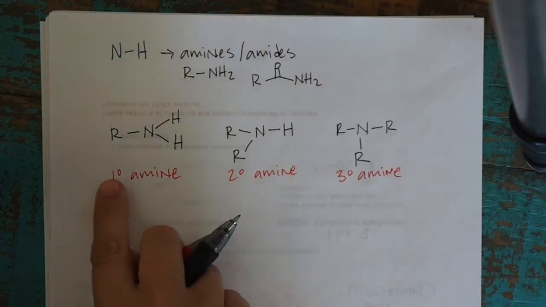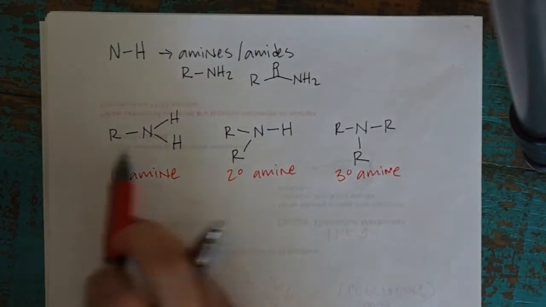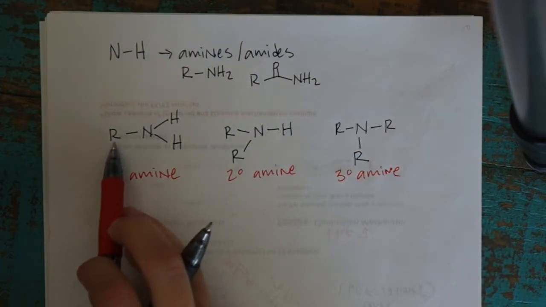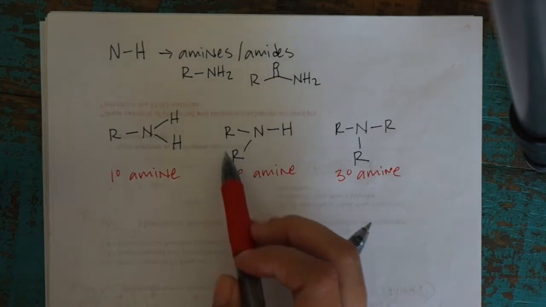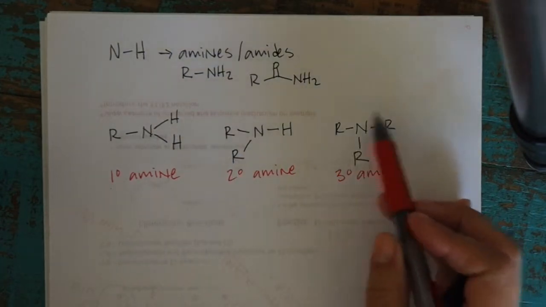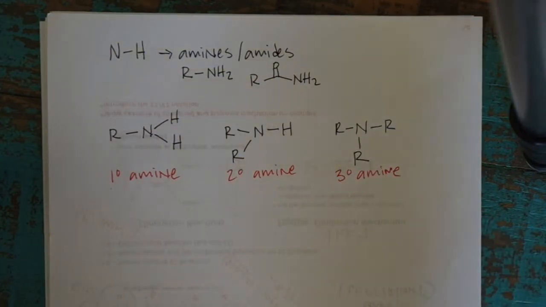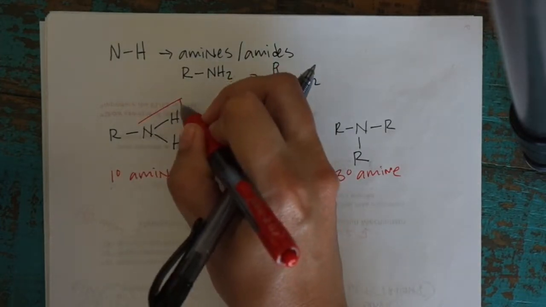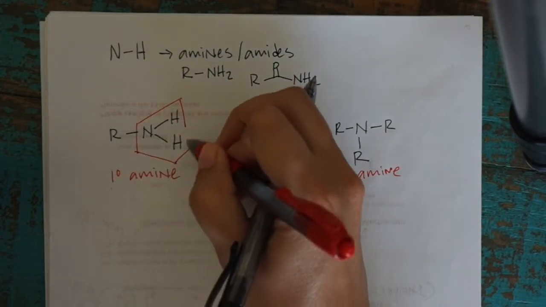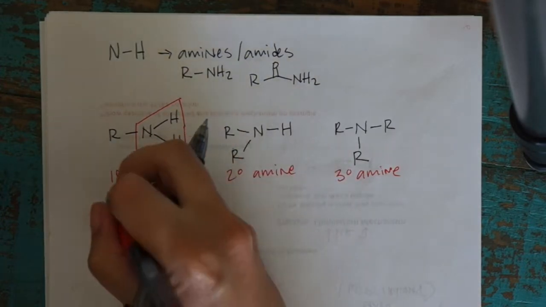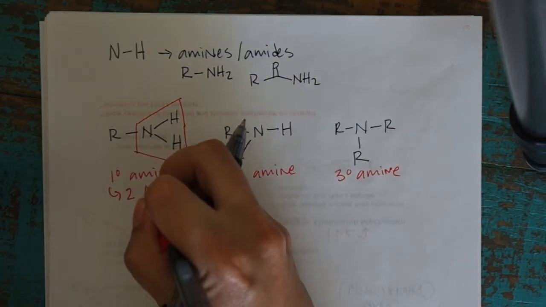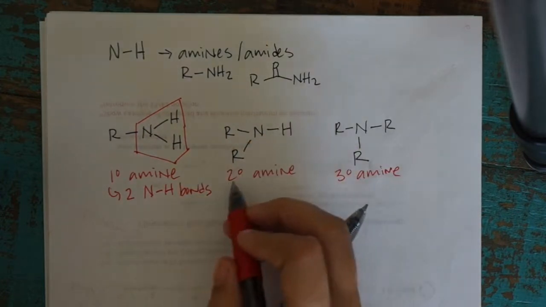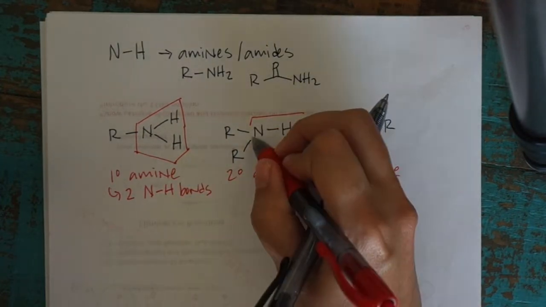The substitution pattern is just talking about how many carbons are attached to the nitrogen. Primary has one carbon group, one alkyl group, secondary has two carbon groups, and tertiary has three carbon groups attached. In a primary amine, that's important because primary amines have two NH bonds. Secondary amines only have one.